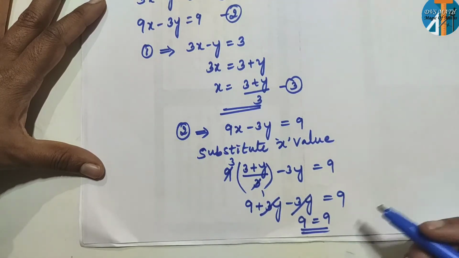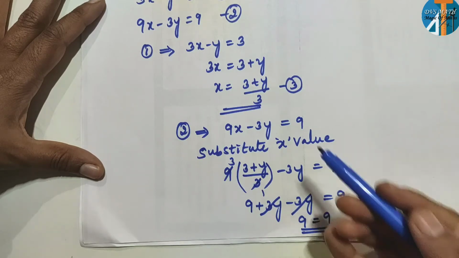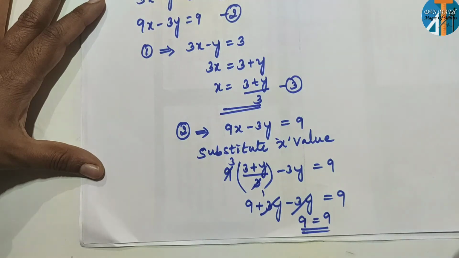If you are getting like this, that means the whole variable is cancelling here. So if you are substituting and getting like this, you cannot find x and y, they don't have only one solution. So this equation has many solutions.